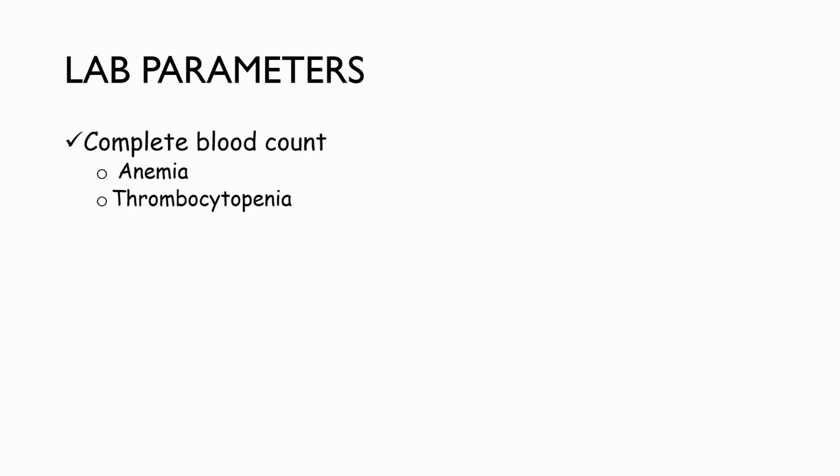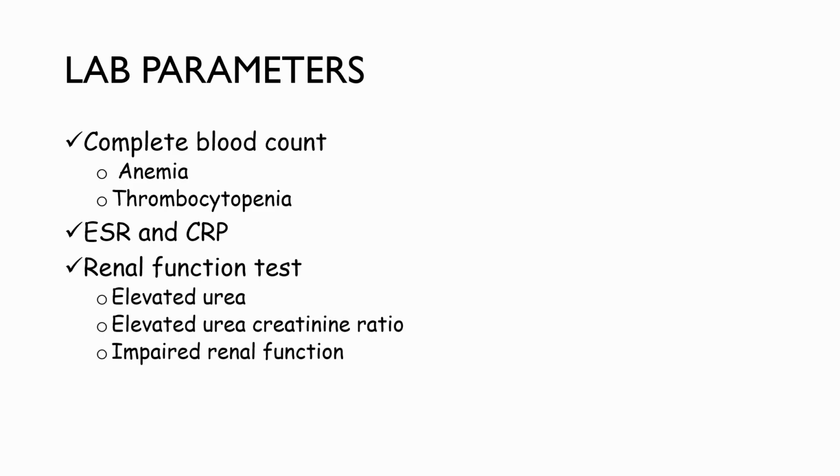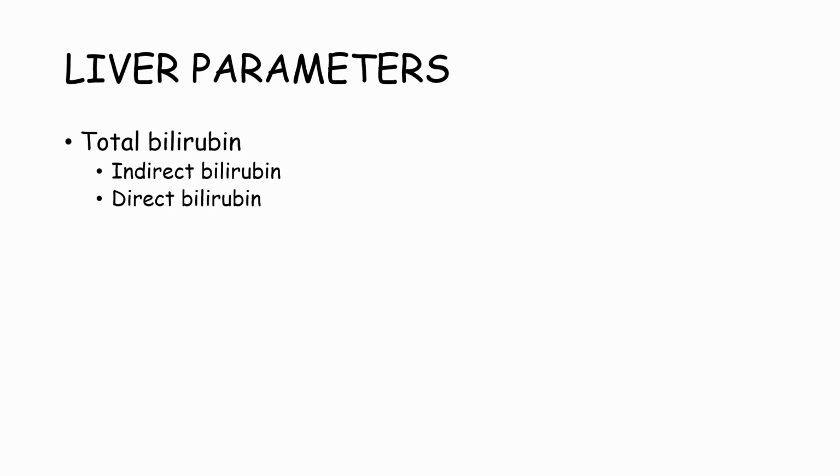ESR and CRP can be elevated if there is some kind of inflammation, infection, or autoimmune etiology. Renal function: if there is hemolysis or hemorrhage, there could be an elevated urea creatinine ratio or impaired renal function. Coming to liver function tests, total bilirubin in jaundice is going to be elevated, more than 2. Indirect bilirubin will be elevated in prehepatic, direct bilirubin in post-hepatic, and there could be mixed bilirubinemia in hepatic jaundice.